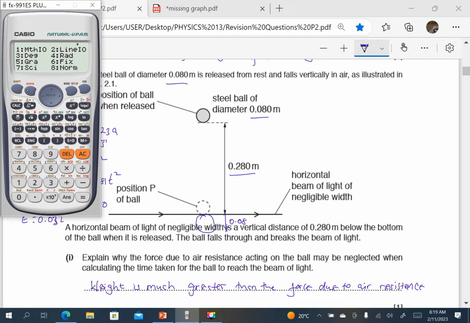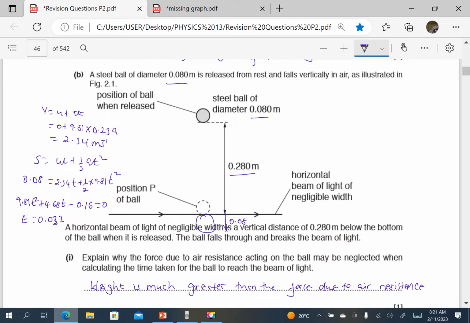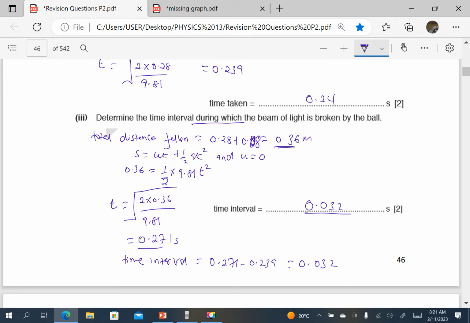Now the challenge is resetting this calculator. Okay, so we have agreed that the time interval is 0.032.